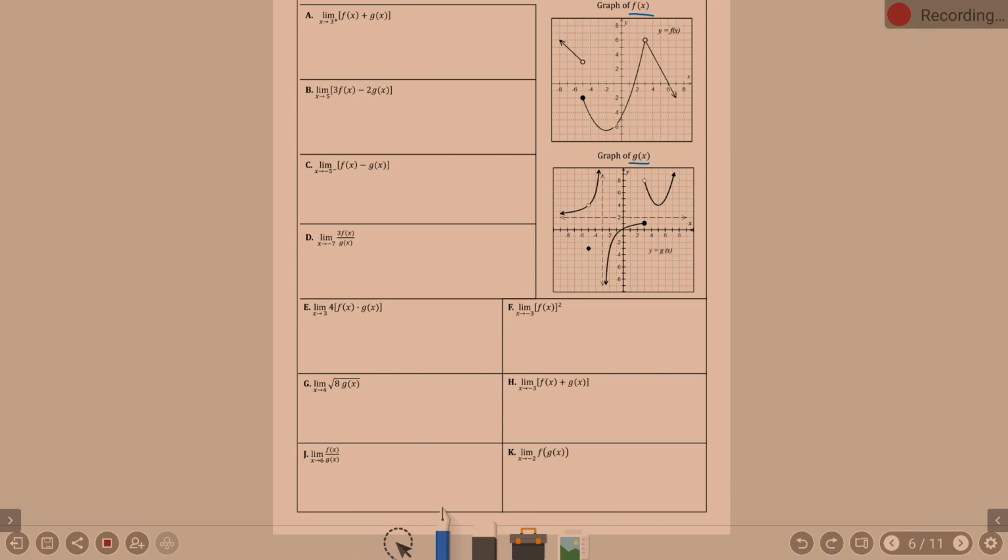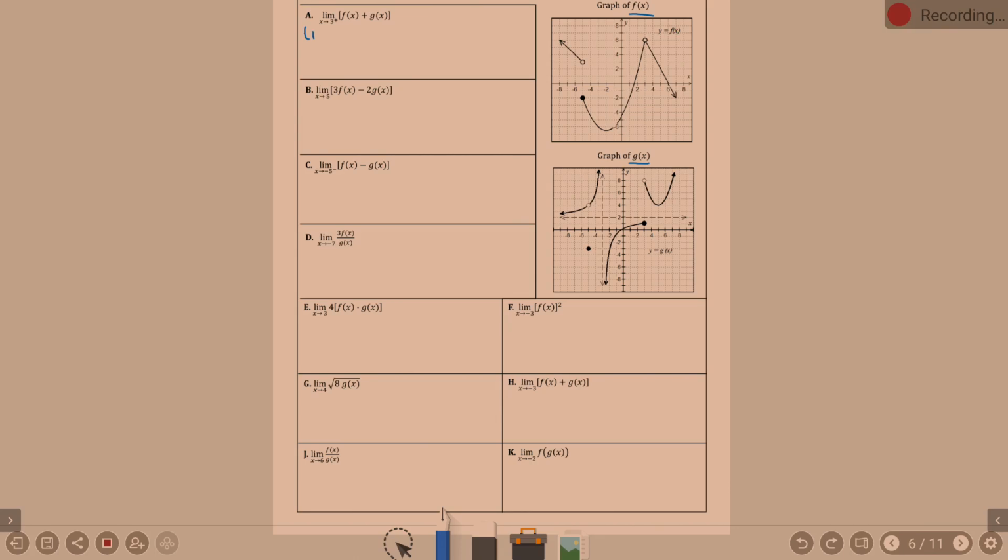Now, this first one, the limit as x approaches 3 of f of x plus g of x. Technically that's hard to do as is because you can't really add f and g and then do a limit. This is where we can break it up into two limits. That's what our rule says.